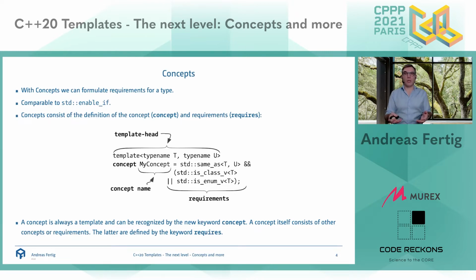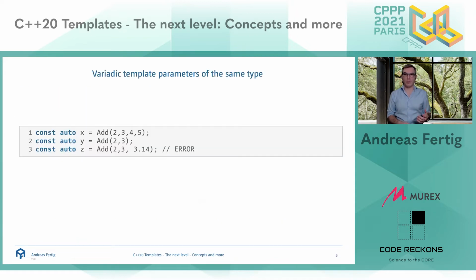So we can use either a concept or a type trait or anything that's evaluatable at compile time. And then we can use Boolean algebra to combine these various requirements. In my example, I use and or to group them together. Okay, so this is a high-level overview of how the concept definition looks.